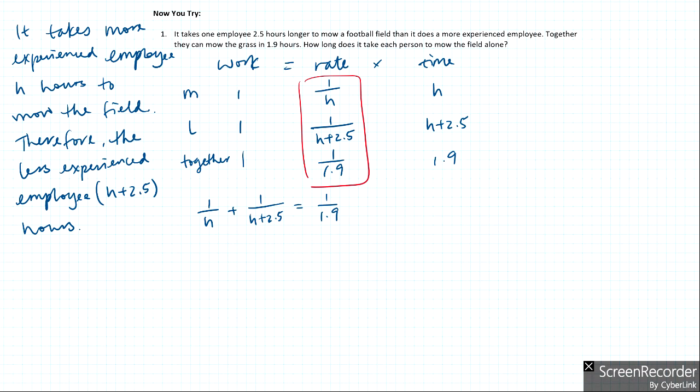In this case, if I want to solve this equation, I still want to use LCD, and it's a little bit more involved because I need to use a product of all three. They're not multiples of each other anymore. So I need 1.9 H times H plus 2.5, and I have to multiply that to everything. So I'm basically just going to replace all the numerators with the LCD.